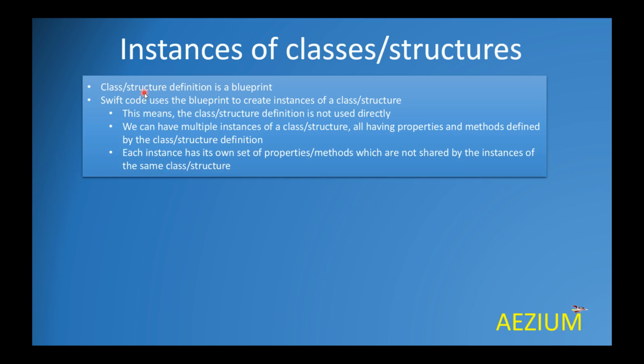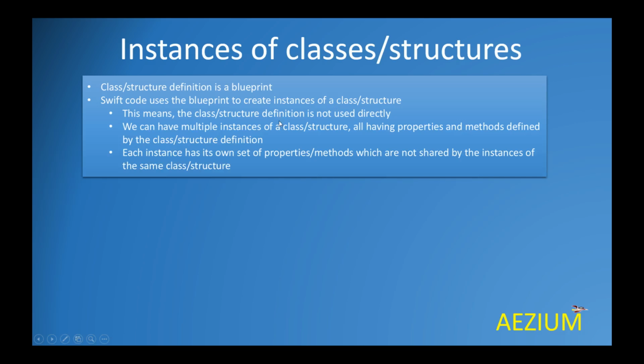The definition of a structure or a class is simply a blueprint for that structure or class. That blueprint is not directly used in the code. What is actually used is something called an instance of a class or structure. Swift uses the blueprint, which is the definition, to create different instances of classes or structures.